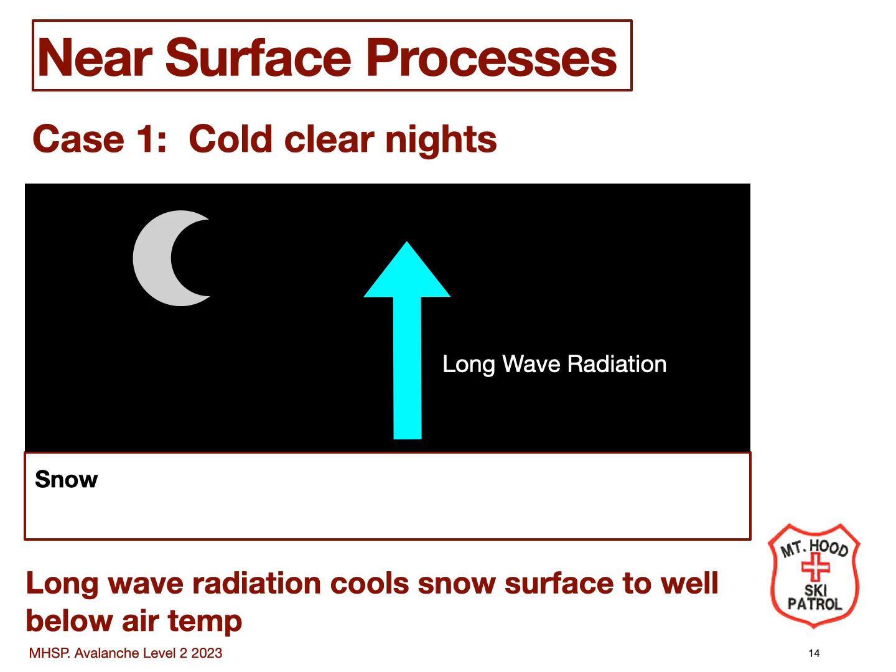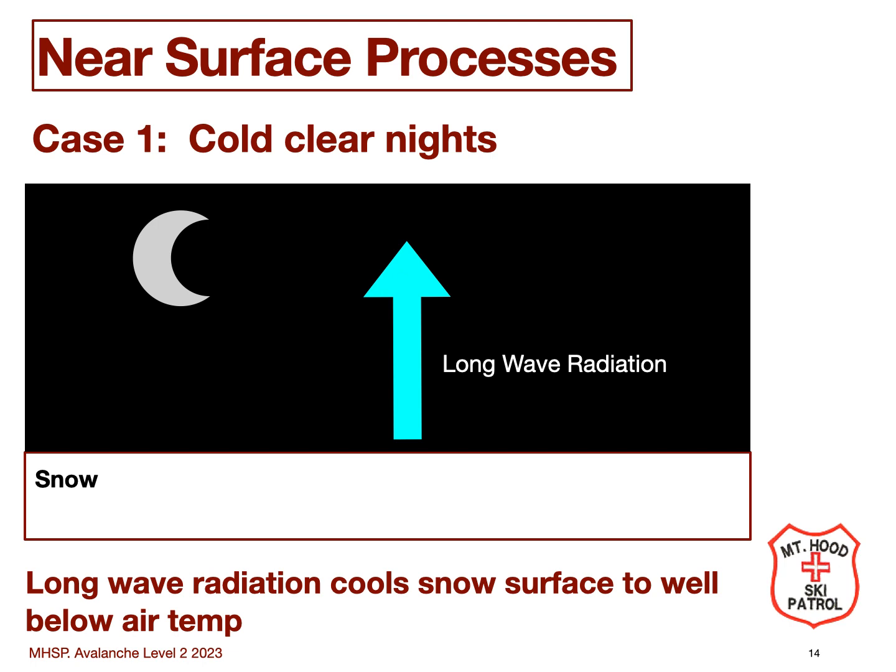So let's consider a couple of concrete examples. Consider the case where we have clear skies. During the day, the sun will heat up the surface layer, and at night, long-wave radiation emissions will cool the surface. With the emissions of long-wave radiation at night, the cooling effect on the snow can actually bring the snow surface temperature down below the air temperature.